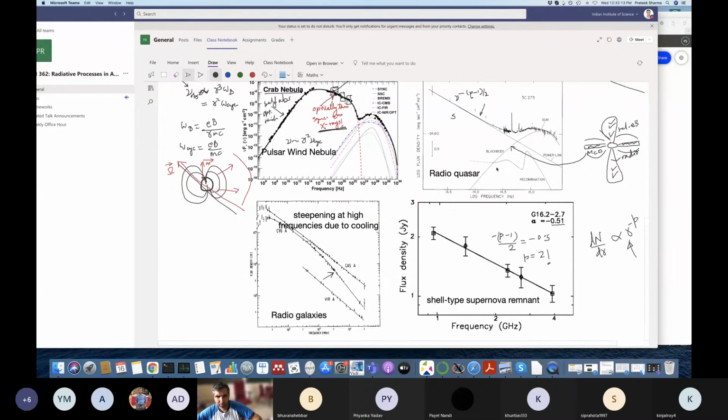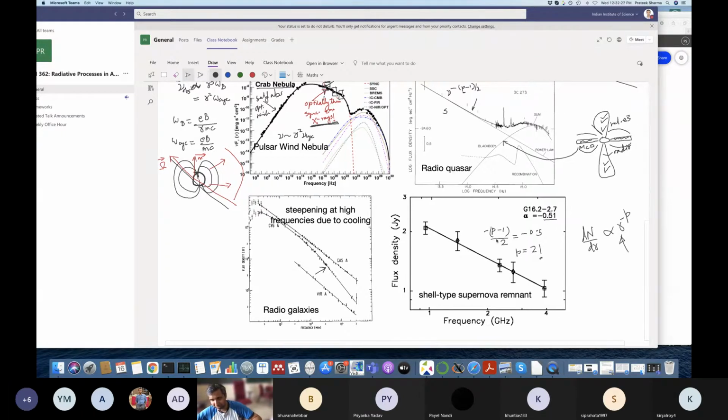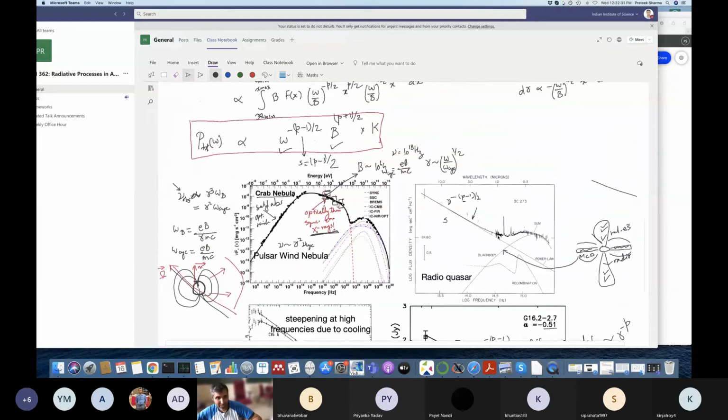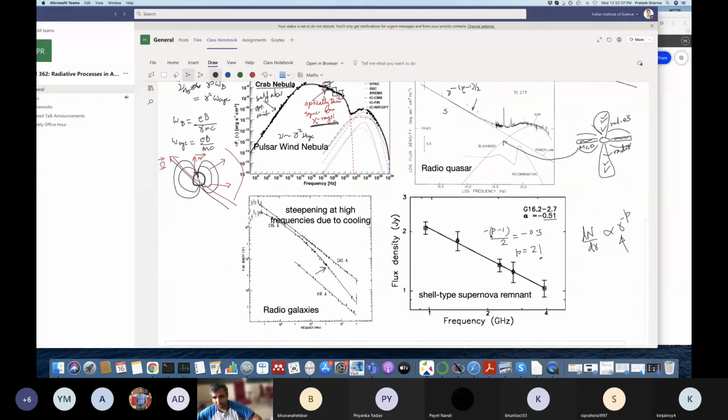Okay, and these are different radio galaxies, which are also nothing but large-scale radio jets, called radio galaxies. So, for example, in this case, the slope is given by minus 0.5. So you can calculate from this relation the power law index of the electrons, and you get p equals 2.